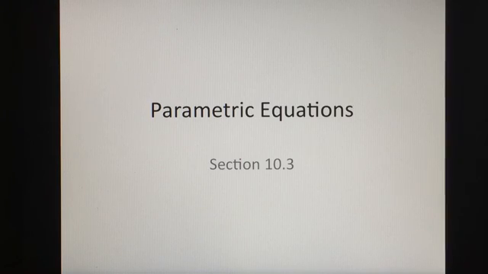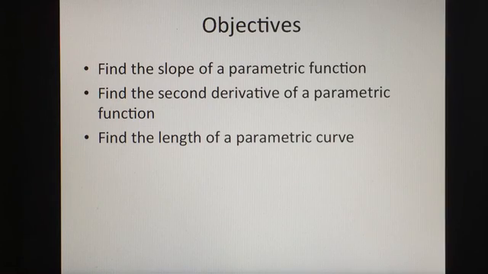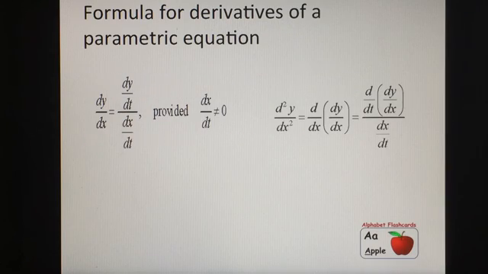All right, so still talking about parametric equations, some more objectives. We're going to find the slope of a parametric function. We're going to find the second derivative of a parametric function, and we're also going to find the length of a parametric curve. So here are some formulas that you're going to have to remember in order to find the derivatives of a parametric equation.